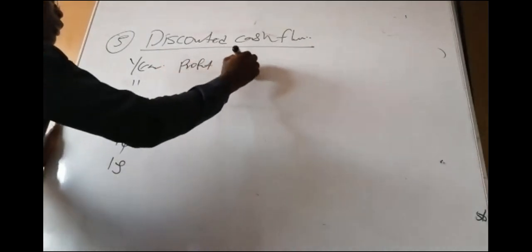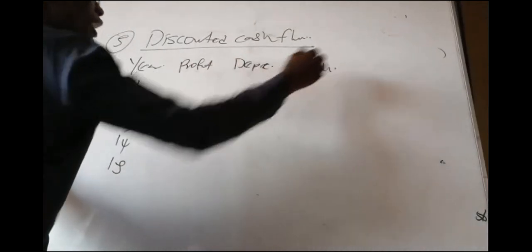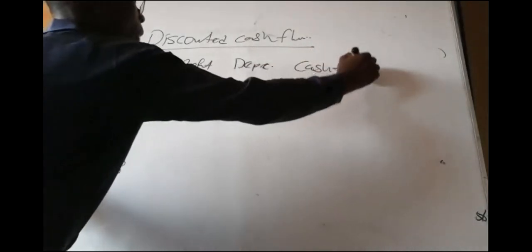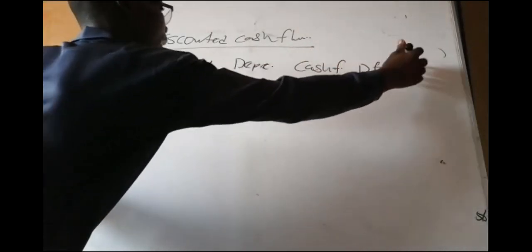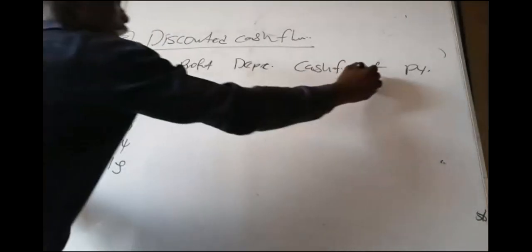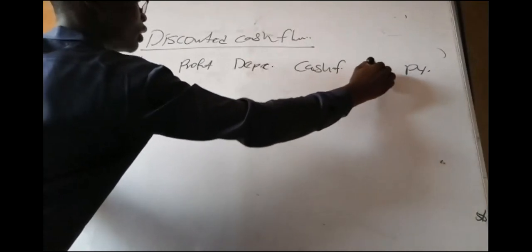I'll add back the depreciation and get my cash flow. So cash flow, my discount factor, and get the present value. Discount factor is at 18%. I normally write them beside them so that I won't forecast different discount factors.